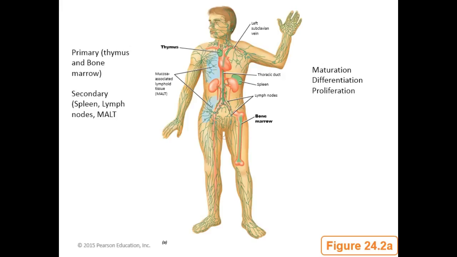So most of the T cells that migrate to the thymus are told to commit suicide rather than being let out into the body where they can recognize you as a foreign invader. So this is one of the main areas where we determine self from non-self. Everything that reacts to self in the thymus is told to just commit suicide, and the ones that don't react to self proteins can then migrate out of the thymus into secondary tissues.